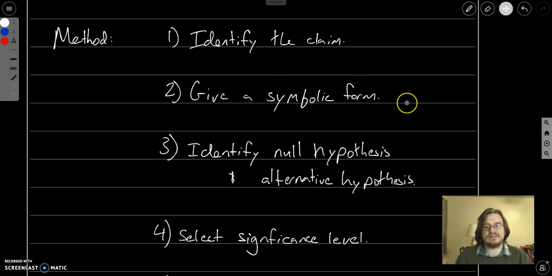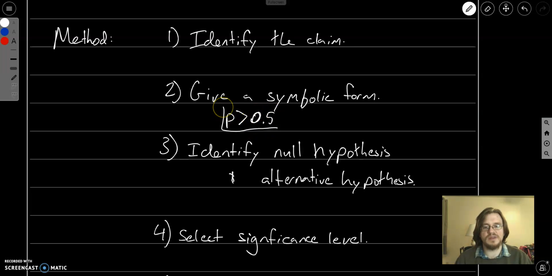The second thing is to give it a symbolic form, meaning so that we can write it down using mathematics. So maybe something like this: P represents the proportion of people that are uncomfortable with drone deliveries. And if we're going to say that the majority of people, well, that means that P should be greater than 0.5.